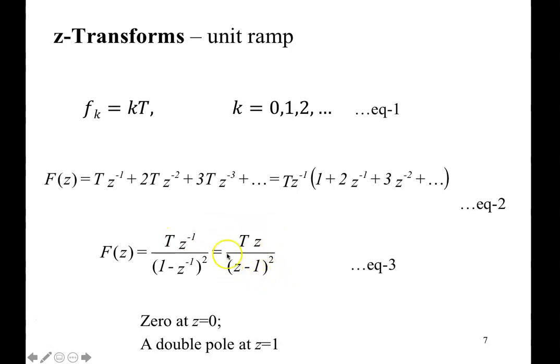I only need the positive power of z for finding the zero and the poles. Equate the numerator to 0, and it will give me z equals 0. That's my zero. Equate the denominator to 0, and it will give me two solutions, but the same value: z equals positive 1.